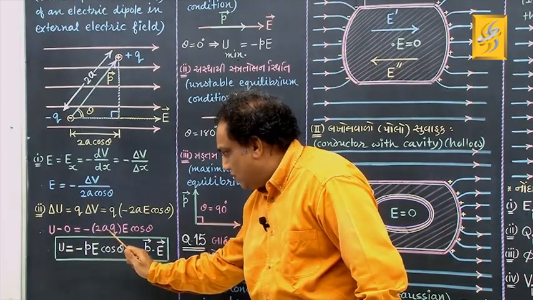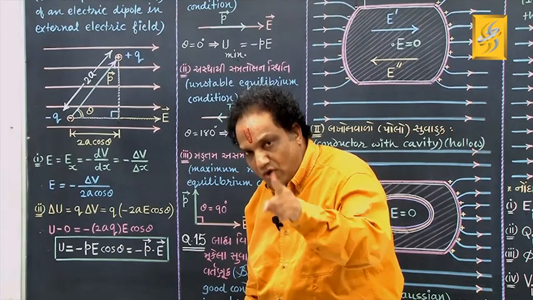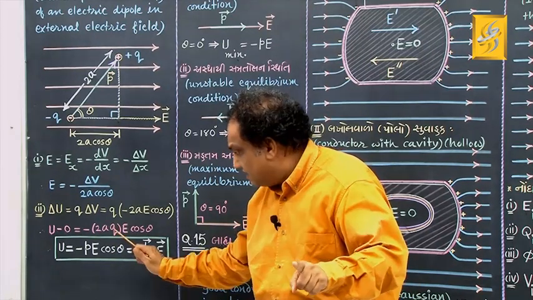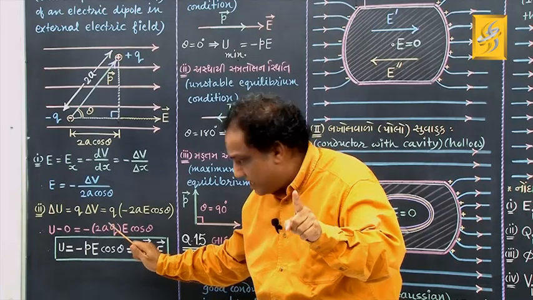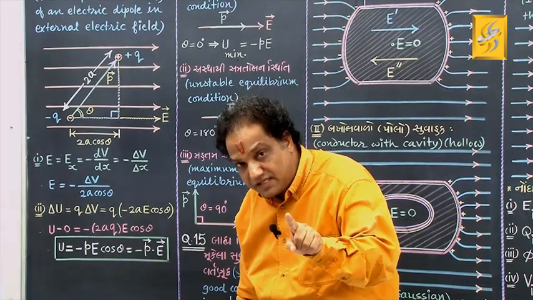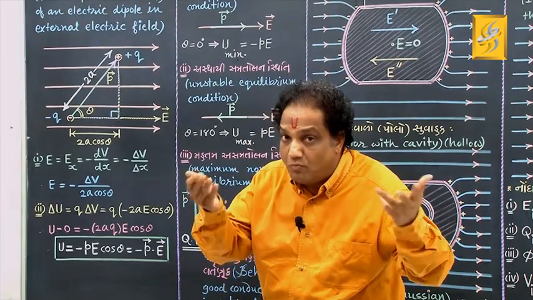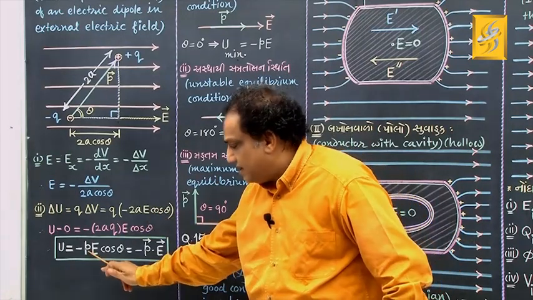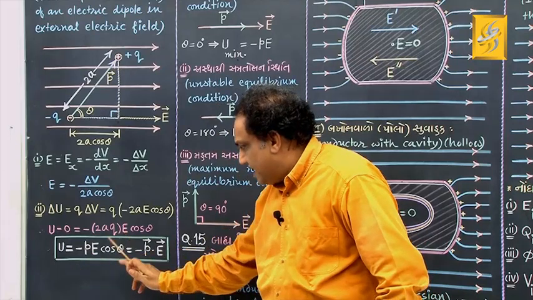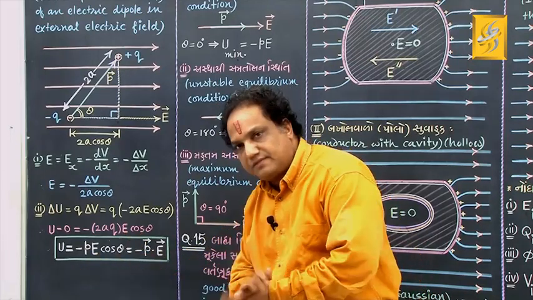What do you mean by 2a into Q? Come on, product of magnitude of either charge in a given electric dipole and distance between two unlike charges in that dipole is nothing but electric dipole moment, small p, correct? And this E as it is, cos theta as it is, correct?